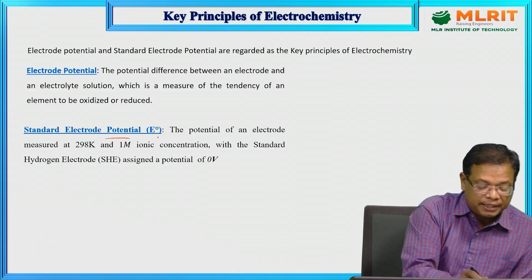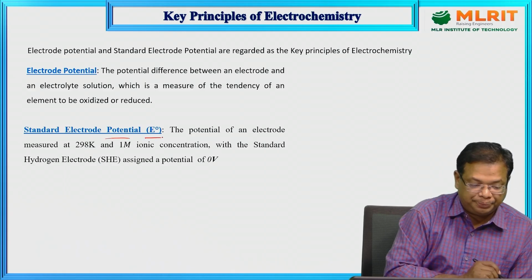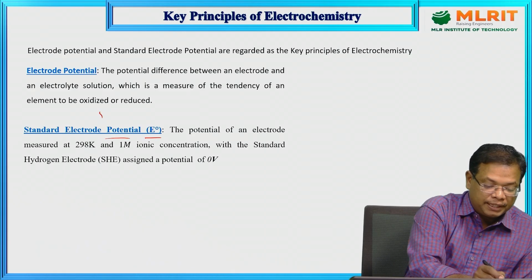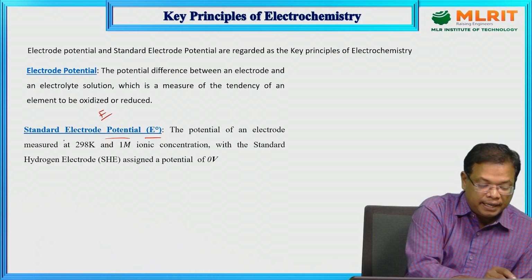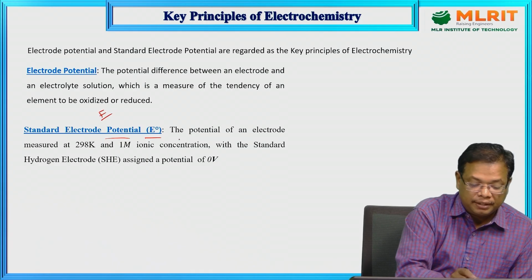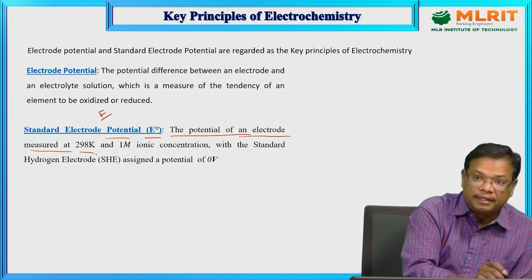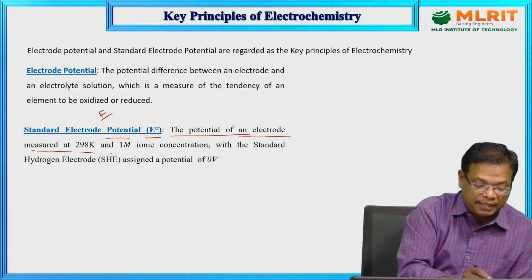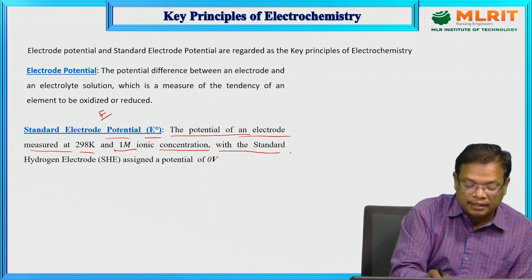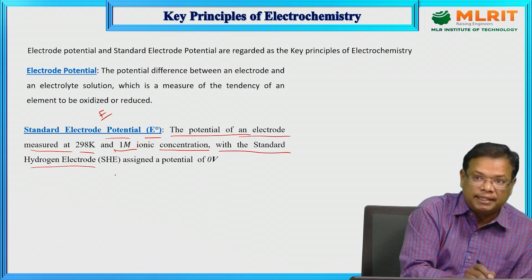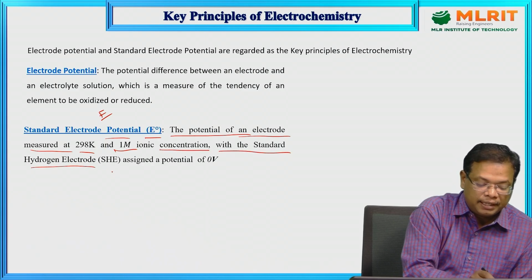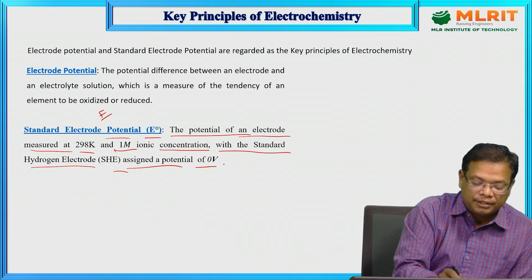Standard electrode potential, E0. Electrode potential is simply E. Standard electrode potential E0 is the potential of an electrode measured at standard temperature, 298 kelvins, and 1 molar ionic concentration, with the standard hydrogen electrode, SHE, assigned a potential of 0 volts.